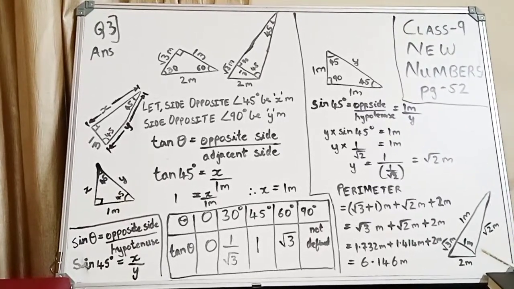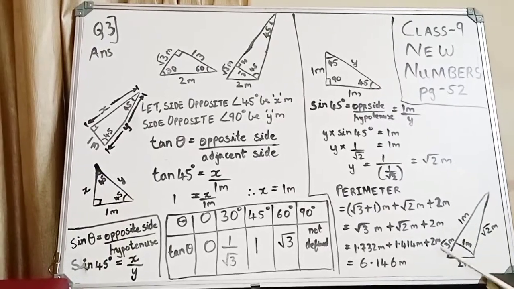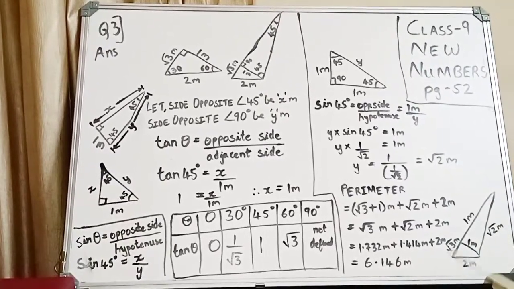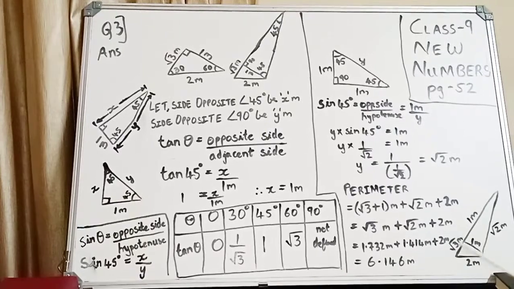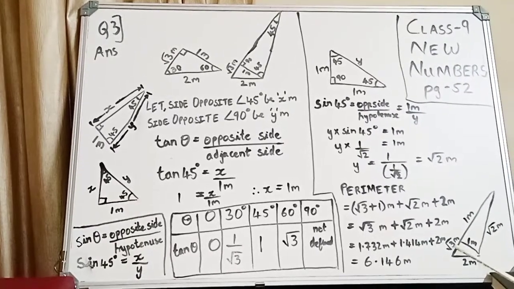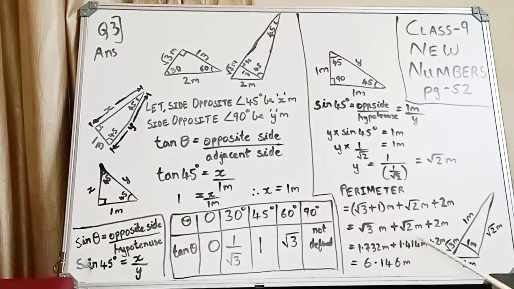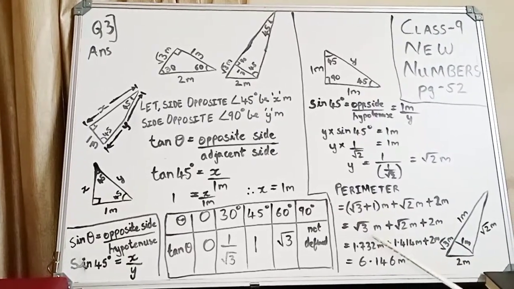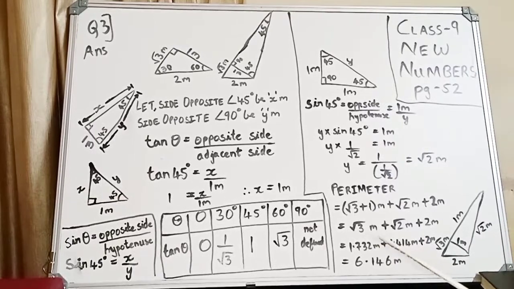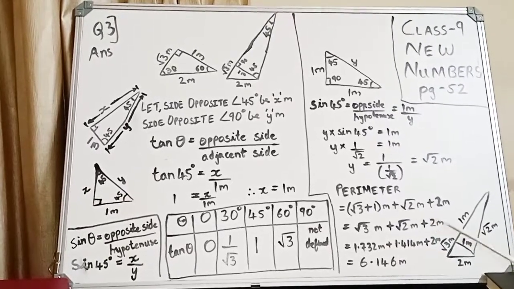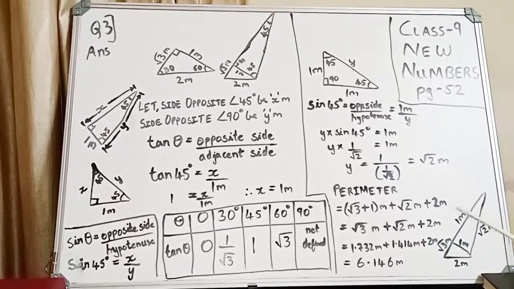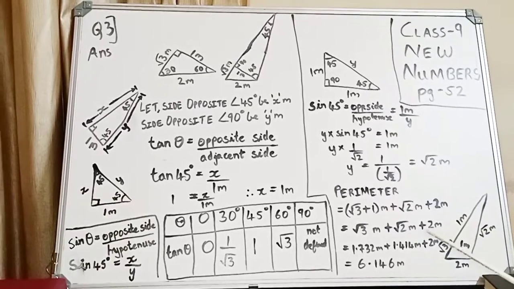You have to add all the sides, that is called the perimeter. So first, you add root 3 meter plus 1 meter, then plus root 2, plus 2 meter.